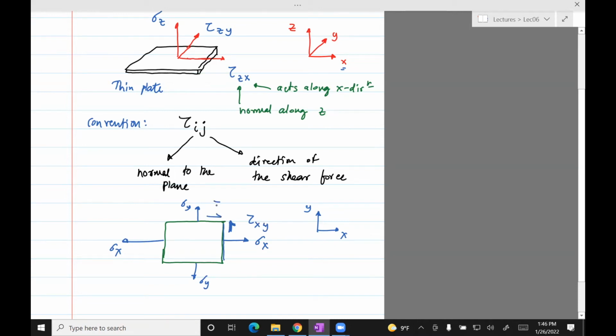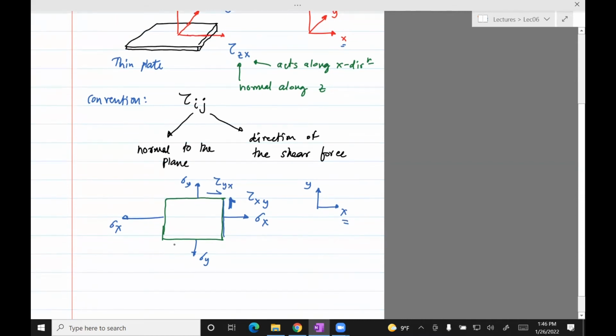And this one would be tau. First index is normal. The normal is along the y, so y. First index, and the second index is going to be the direction which the shear stress acts. In this case, it acts along x. Okay, so you can do the same thing here. Tau yx, tau xy.